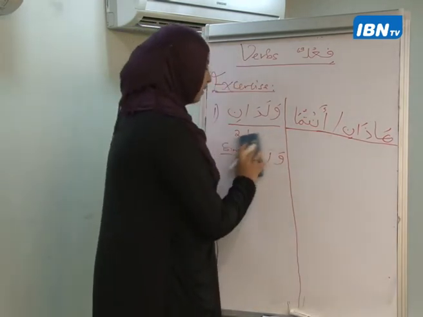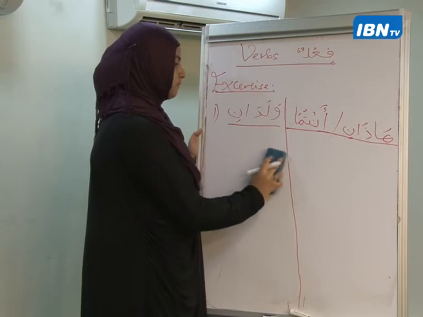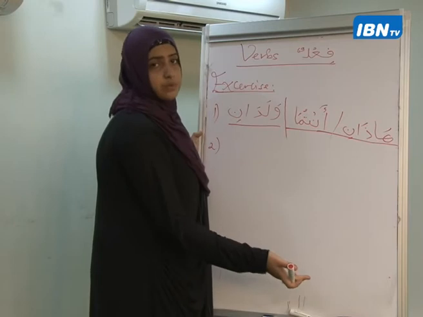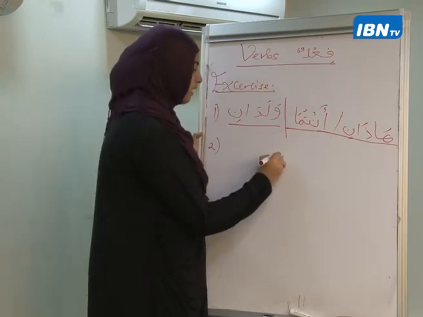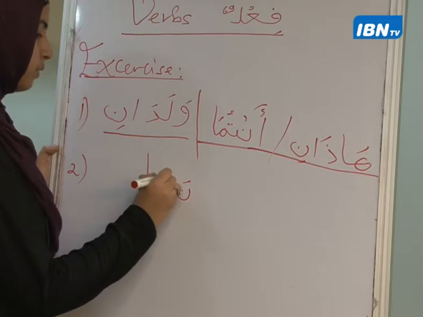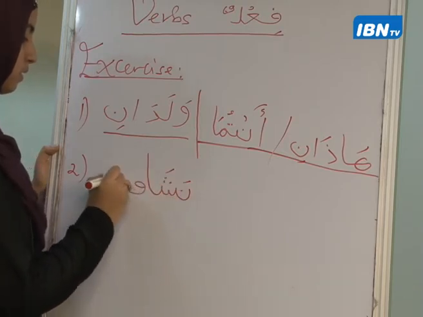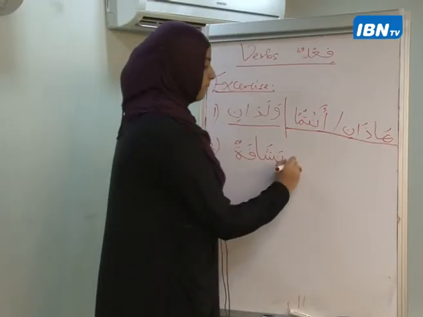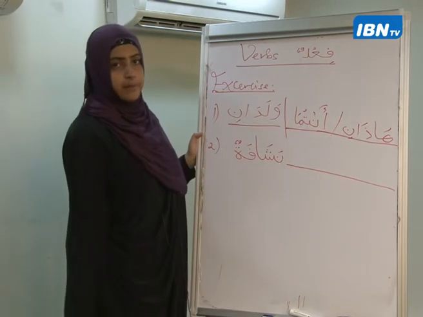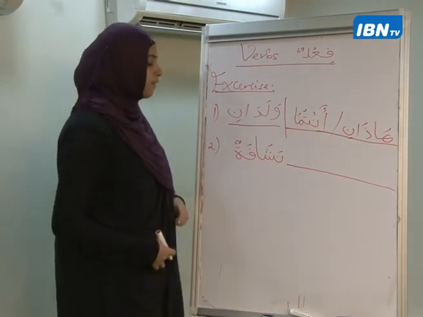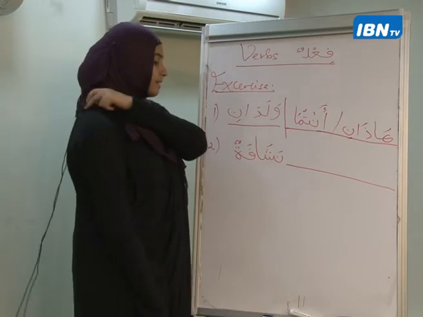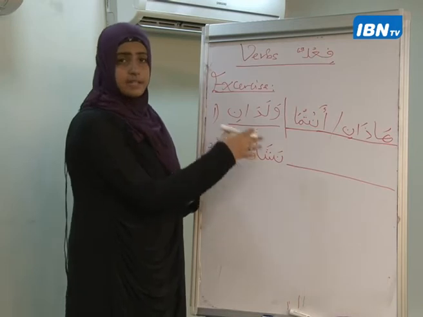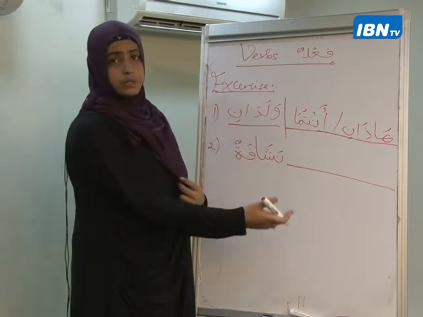Now let's look at another word. I have the word nashafatun. Nashafatun means duster, okay? And I want you to fill in an appropriate pronoun. Remember when we were discussing the feminines, what did we say? We said that if the noun is feminine, then the pronoun is also going to be feminine.